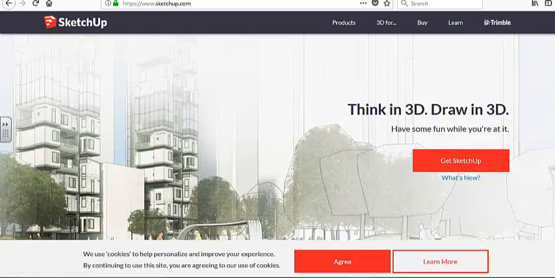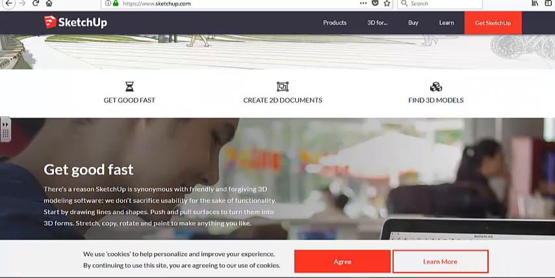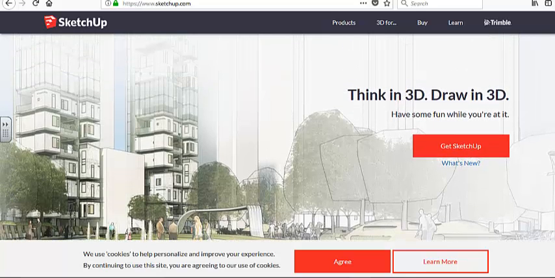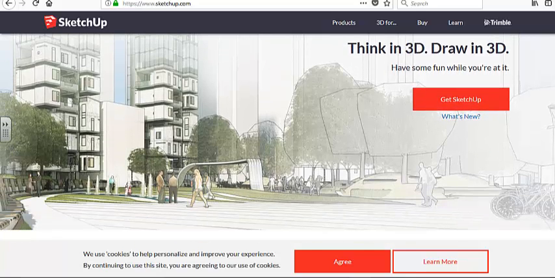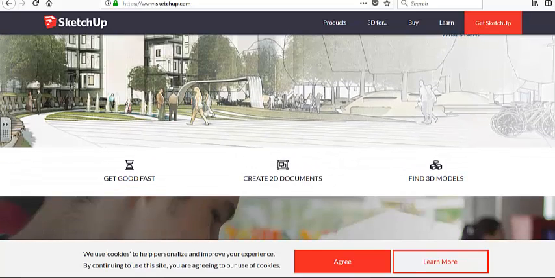I can't install it on my computer, but it was developed by Google, and it's one of Google's apps. You can use the free version, or if you're doing some professional stuff, you can buy the better version.